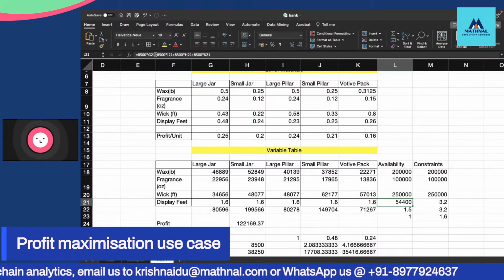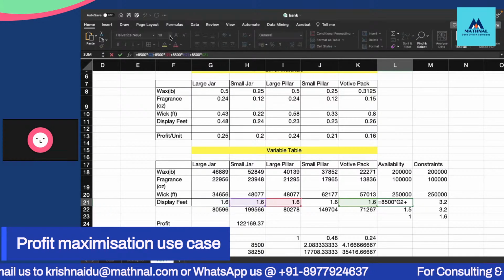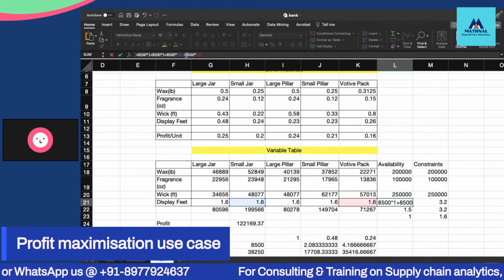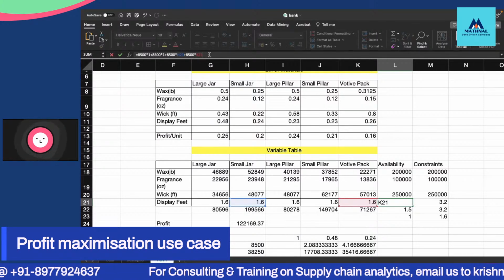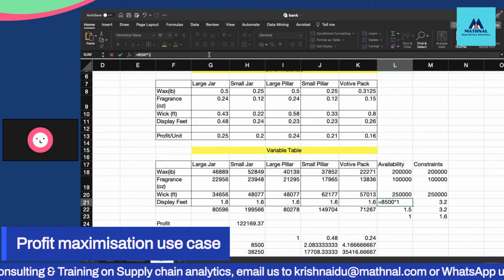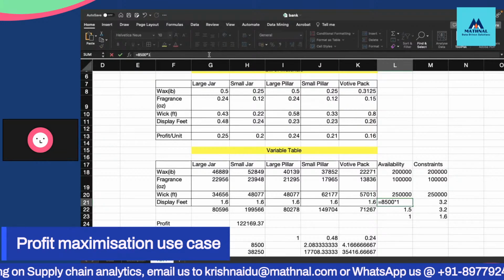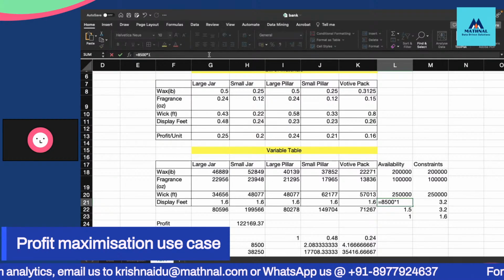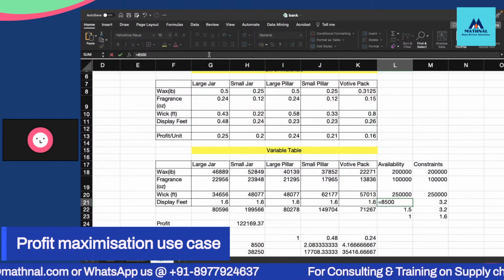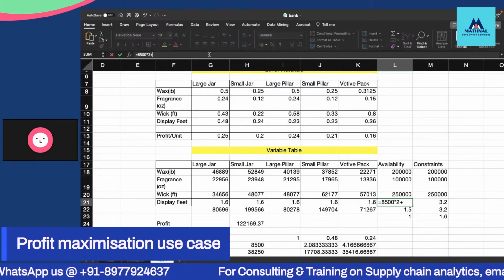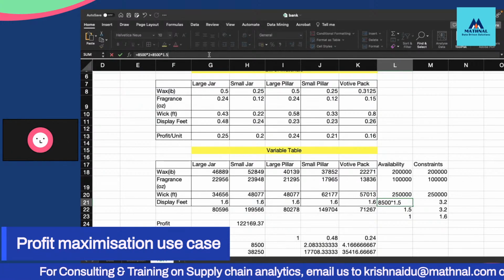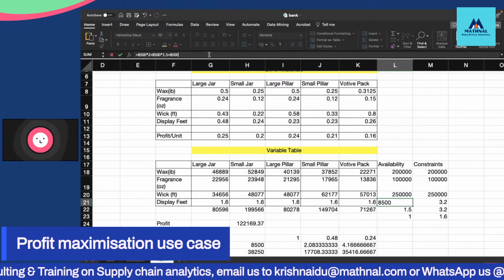8,500 into 1. Then we have 8,500 into 1.5 plus 8,500 into 1.